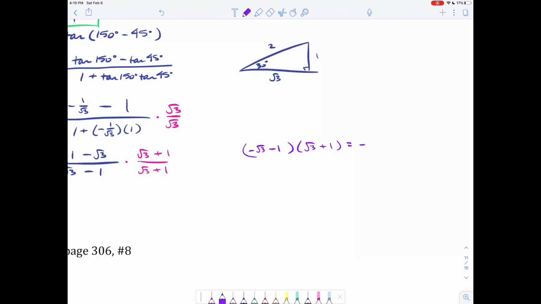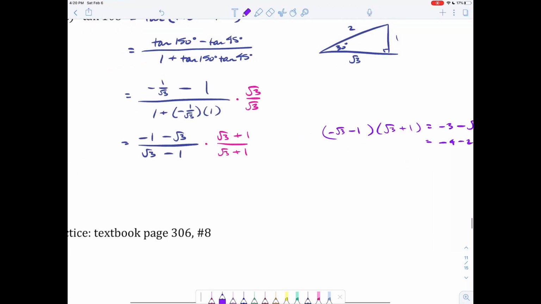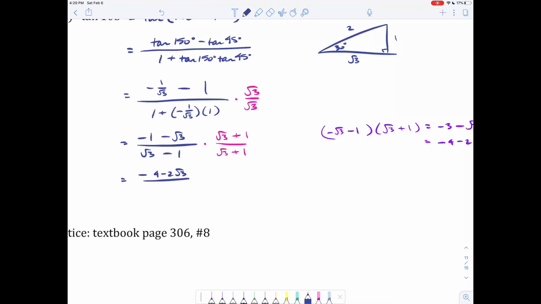We've got negative 3 minus, this is just the opposites of each other, irrelevant, minus root 3 minus root 3 minus 1. So we've got negative 4 minus 2 root 3. That's what I'll put on top here. So negative 4 minus 2 root 3 all over, and this multiplying by the conjugate would be 3 minus 1, so 2.